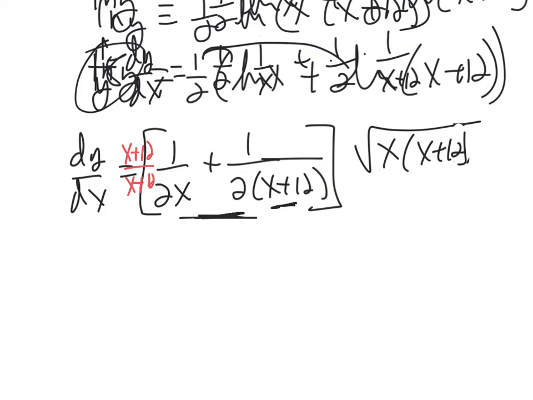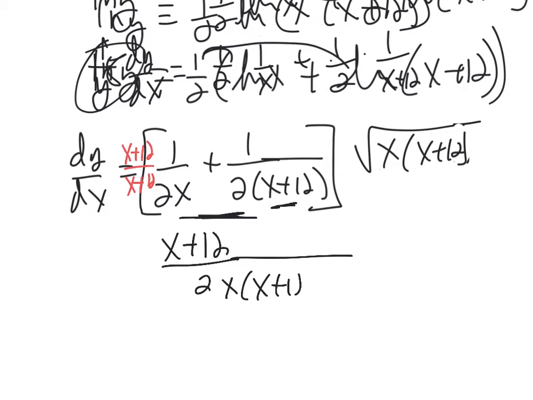So that gives me x plus 12 over the common denominator of 2 times x times x plus 12. And we could multiply that out, but you're going to see here in a minute that we don't want to. And then the second fraction, I'm missing the x, so I'm going to multiply that by x over x, right? So that gives me plus x over that common denominator.